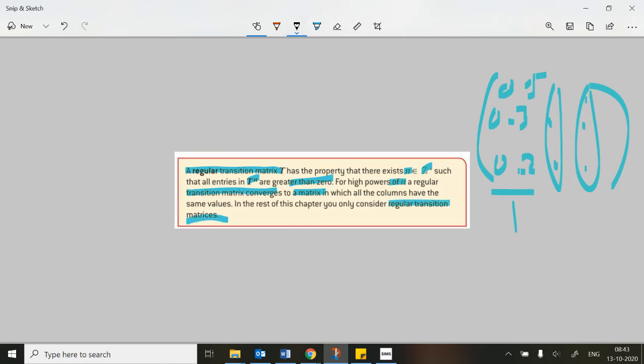And remember, I also talked about steady state. Now, this T^n, so if we've got our regular matrix T, our T^n will end up having the columns being the same, but that's not our steady state vector. That's just simply our regular transition matrix applied n times over.